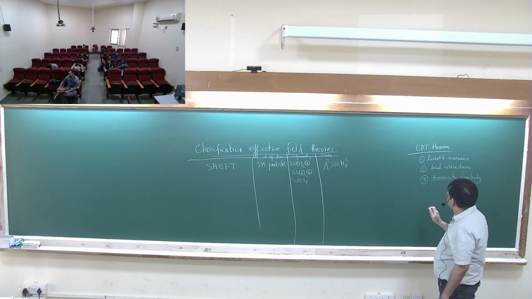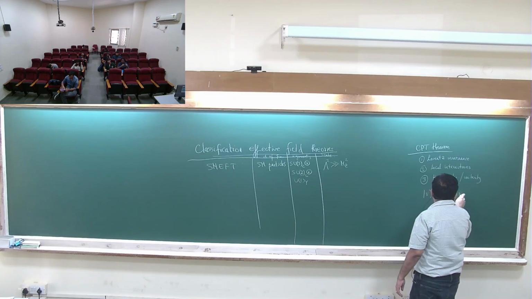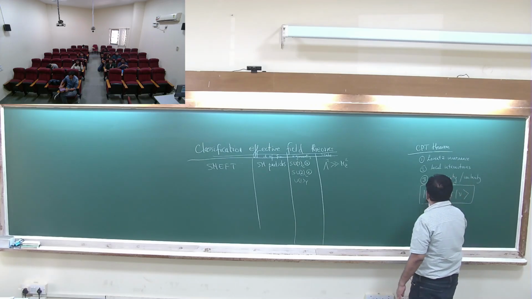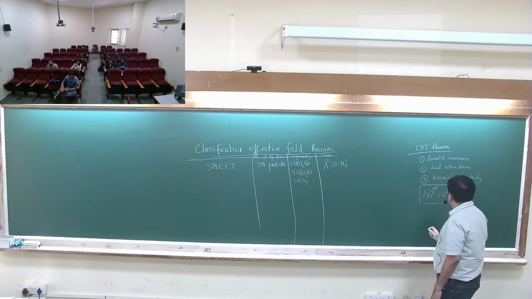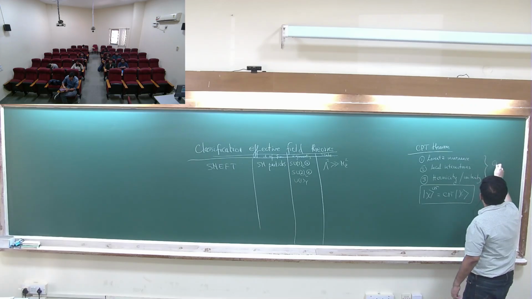Okay. So you have a particle state, apply CPT, some state essentially chi, say for example, in field theory. If you make these assumptions, CPT is conserved.